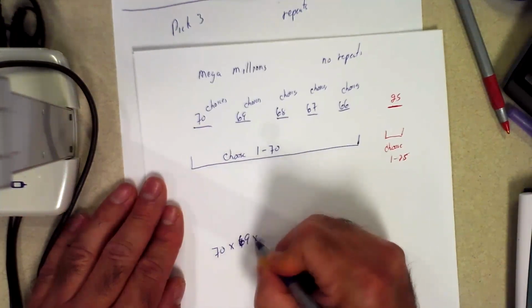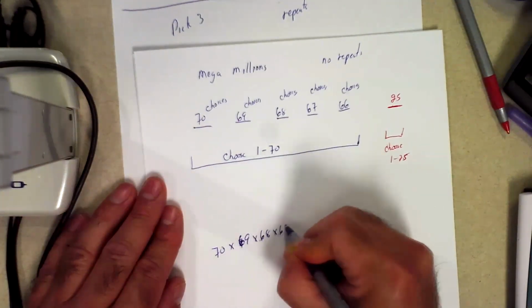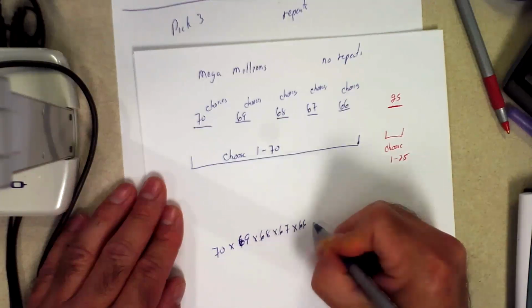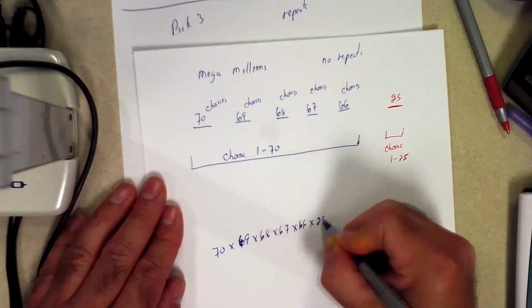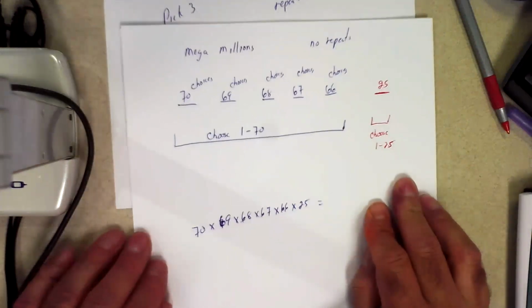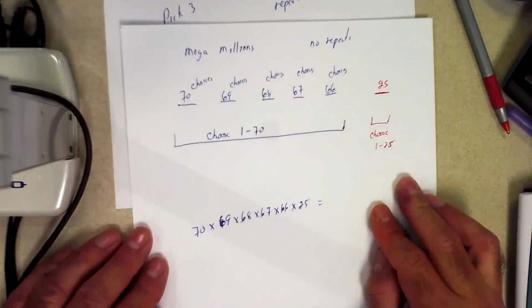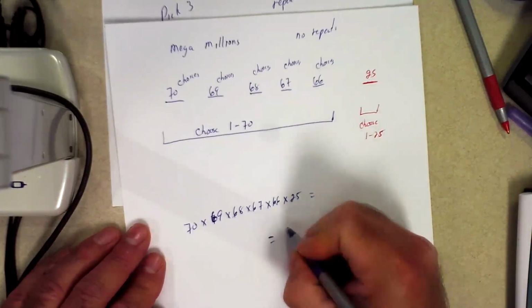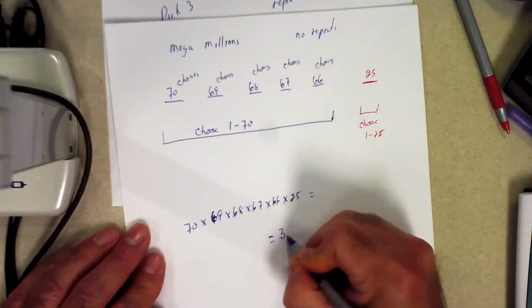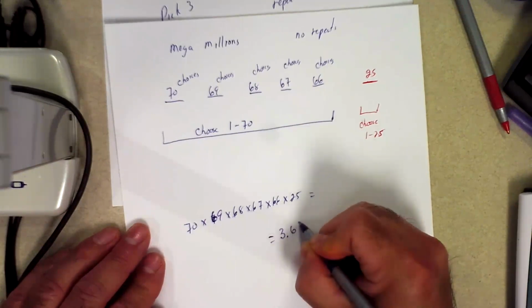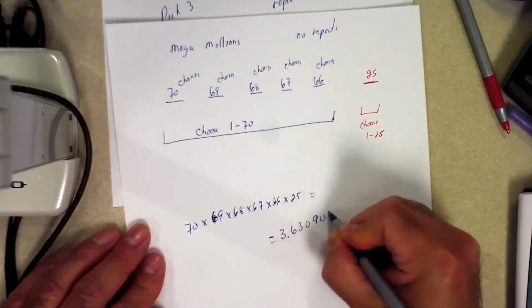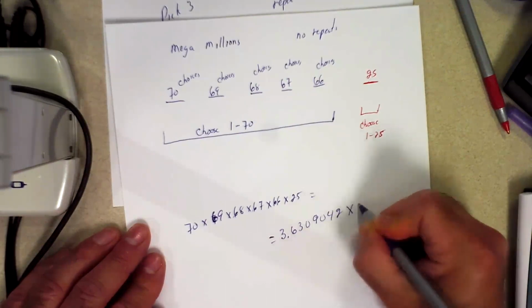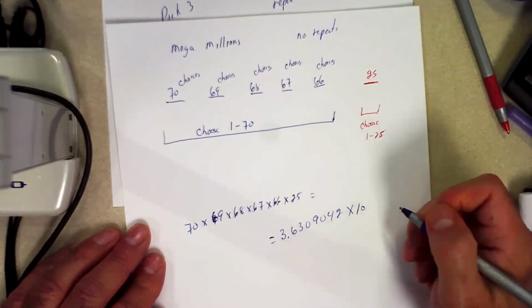And you'll see that if you multiply all those numbers, you get a weird number. On my calculator, it says 3.630942 times 10 to the 10th.